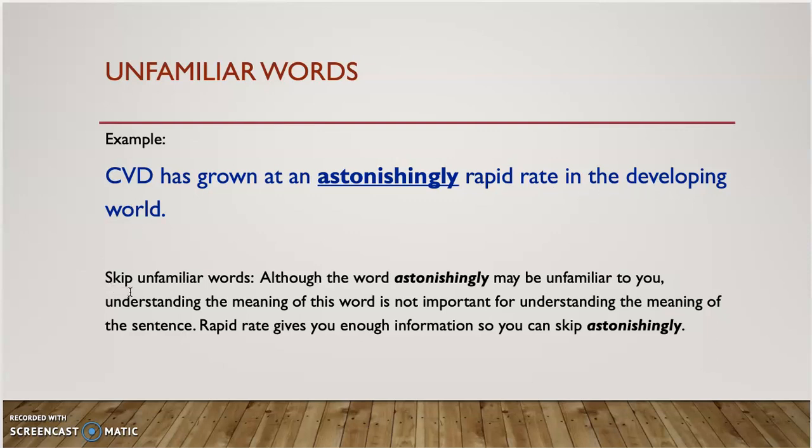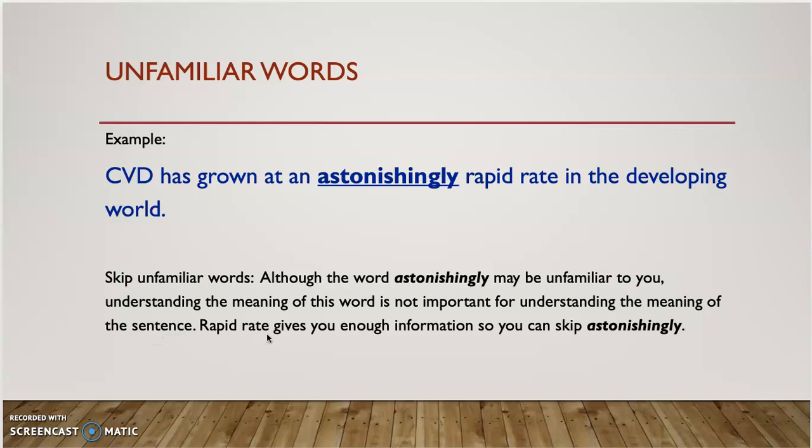So in this case, you could skip the unfamiliar word. Although the word astonishingly may be unfamiliar to you, understanding the meaning of this word is not important for understanding the meaning of the sentence.